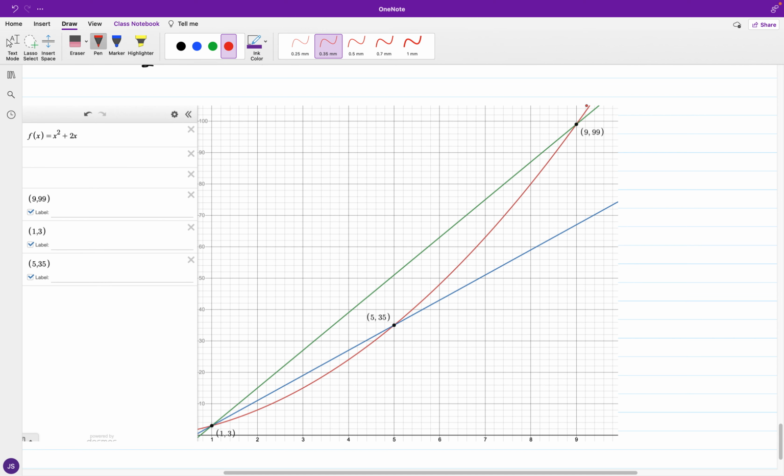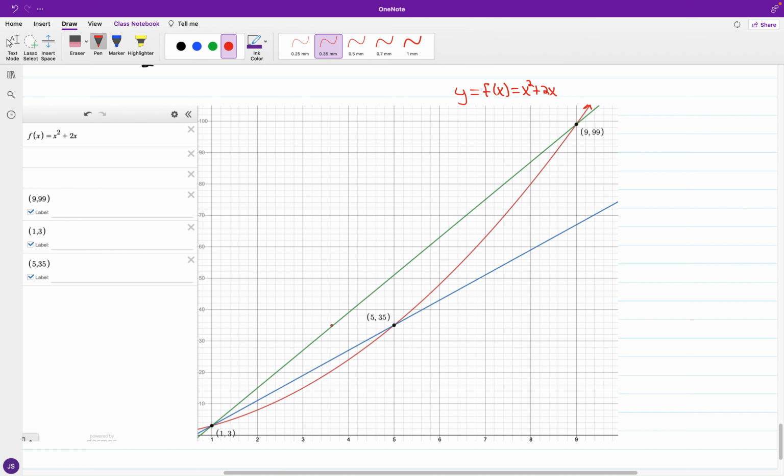Again, for this particular curve, it's just a small section, but for this red curve, this is in reference to y is equal to f of x, which is equal to x squared plus 2x.